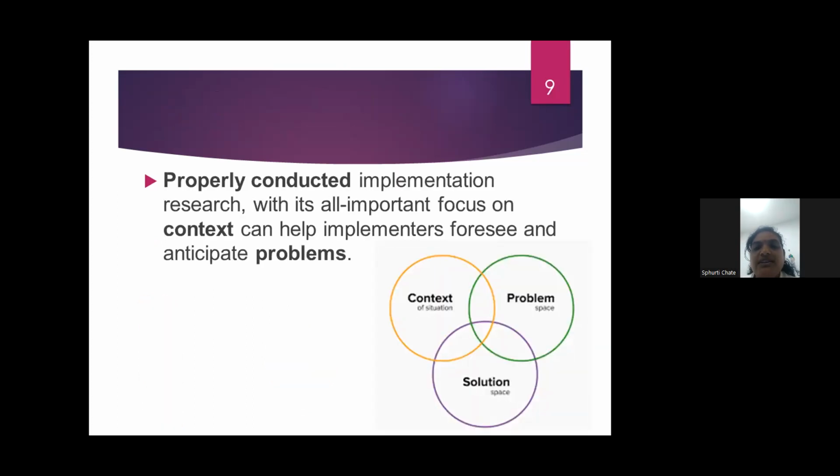Properly conducted implementation research, with its all-important focus on context, can help implementers foresee and anticipate problems with their new thinking and thus come to some solutions. So context, problem, and solution finding are all interlinked, and that is what implementation research will do to improve the effect of the intervention.